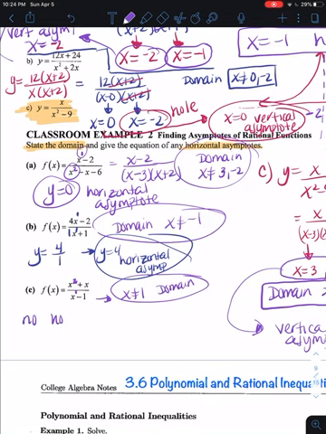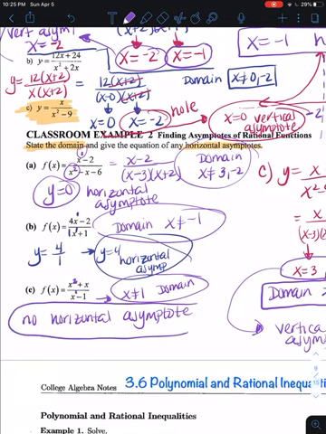Since the 1 is smaller than the 2, there's no horizontal asymptote. And that's it. That's rational functions.